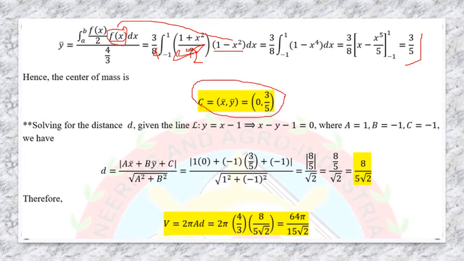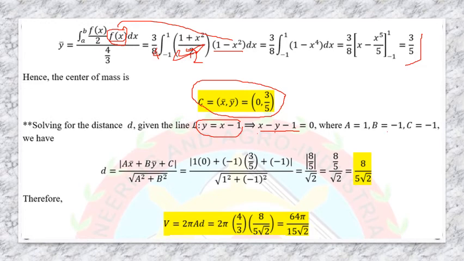Okay, since okay na si center of mass at saka si area, we can now solve for the distance. Okay, so ang line natin, class, is kung saan siya nag-revolve. So, pwede natin siyang masulat in standard form as x minus y minus 1 equals to 0, where a is equal to 1, b equals to negative 1, and c equals to negative 1.